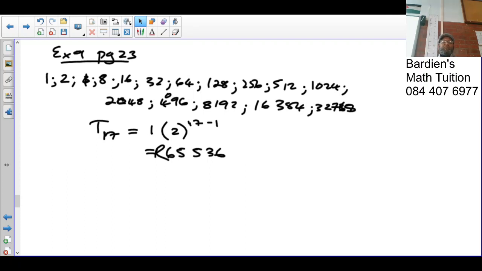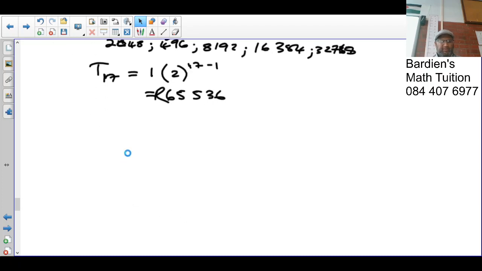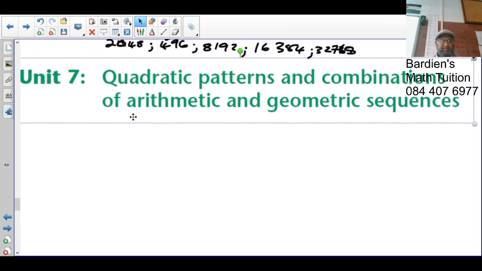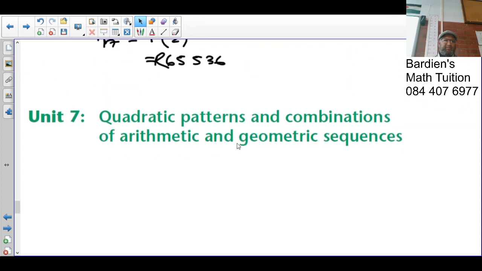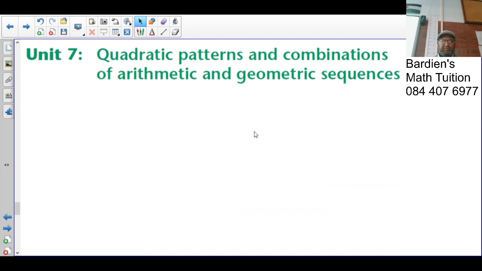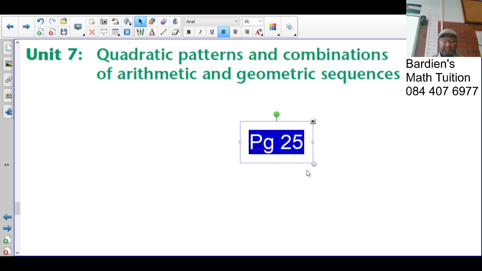So today we're looking at quadratic patterns and combination of arithmetic and geometric sequences. This is on page 25.